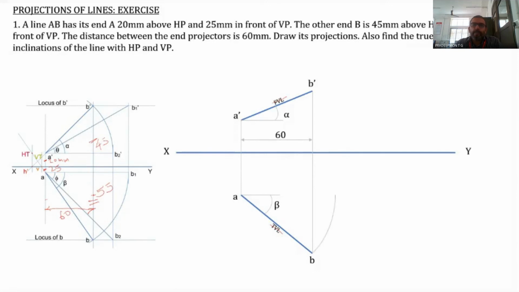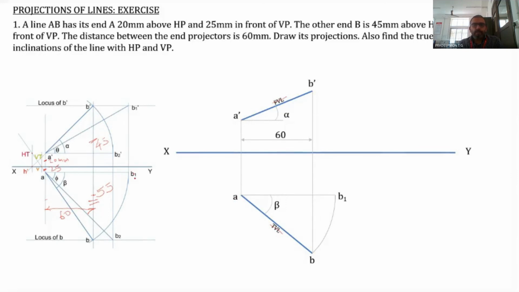Now take your compass with A as the center and AB as radius, draw an arc so that the point B1 will be on the line which is parallel to the XY line and passing through the point A. So B1 is obtained.